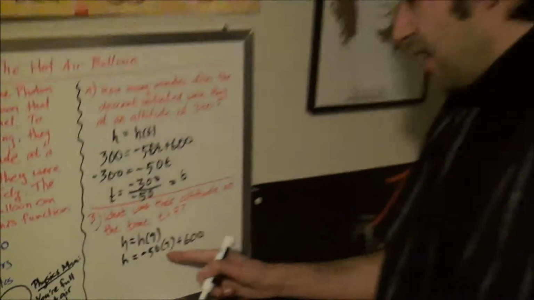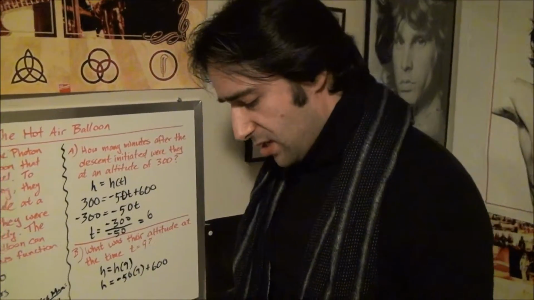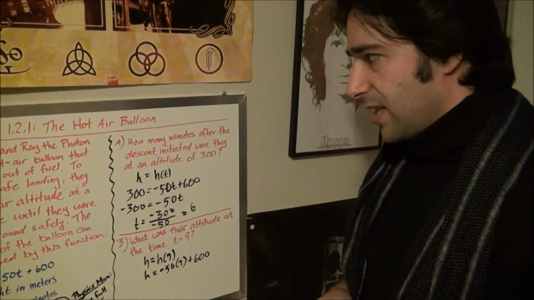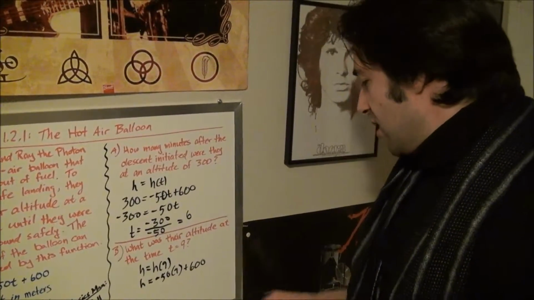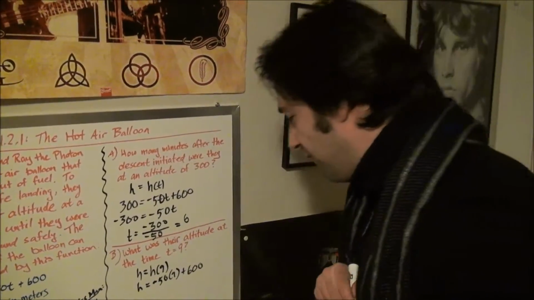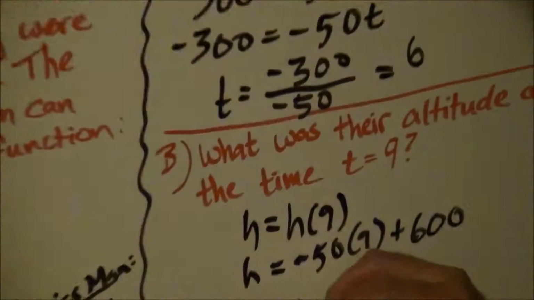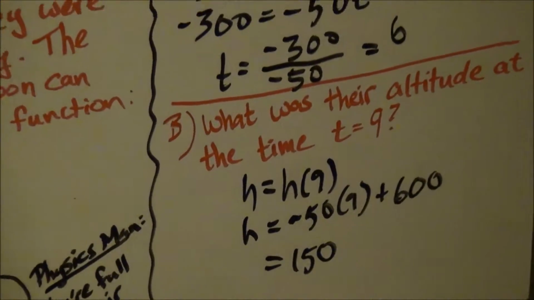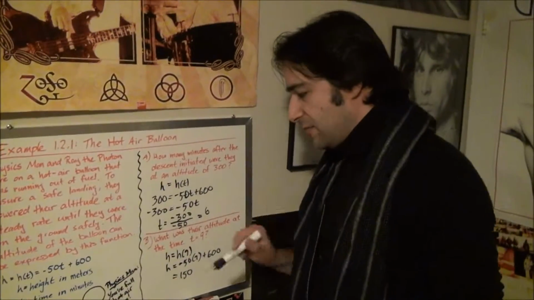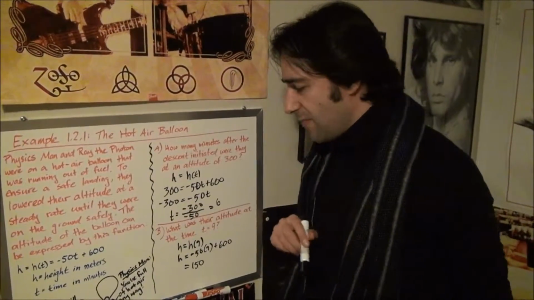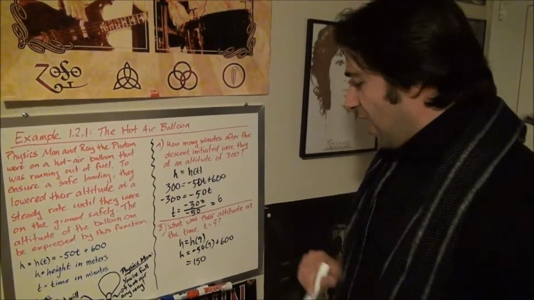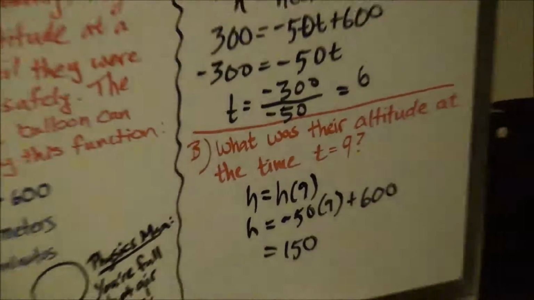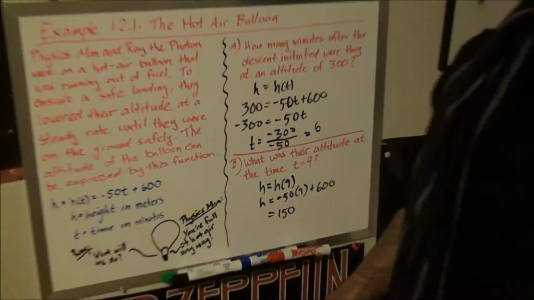When we punch that in, 50 times 9, well, let's see, that's 450. So 600 minus 450 is 150. Therefore, the height of the balloon at the time t equals 9 minutes after they began their descent will be 150 meters. I hope that this tutorial was beneficial for you.